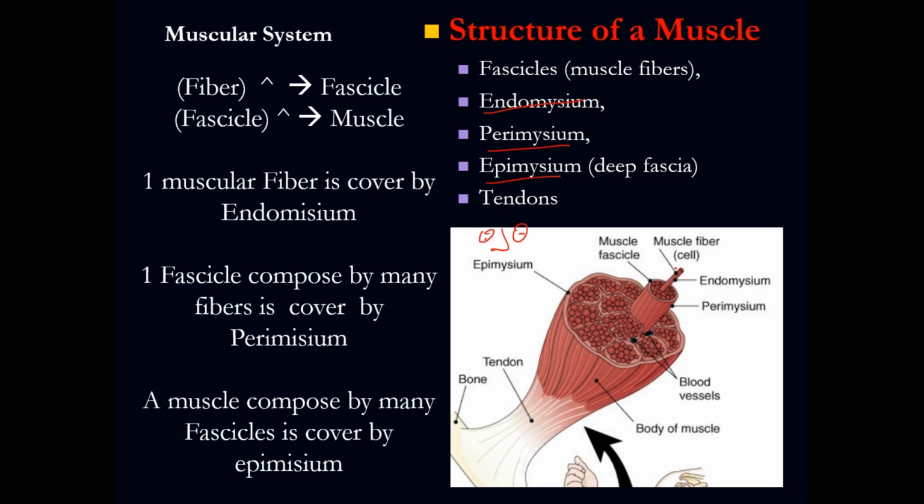The endomysium is surrounding this fiber. So here we have a fiber, and surrounding this fiber is a membrane called the endomysium. Now, if you have a lot of these fibers, each of them is covered by endomysium, so altogether it is called a fascicle.